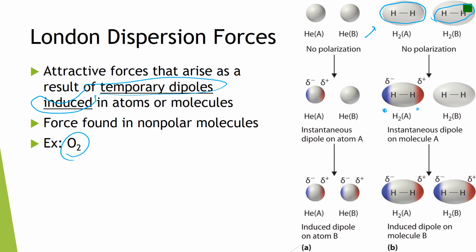When that happens, this side will have a slightly negative charge compared to the other side, which will have a slightly positive. And it's only temporary because they like to be distributed evenly, but it's not like they're just constantly moving. So at some particular time, there's a good possibility that there will be more electrons on one side than on the other side of the compound or the molecule.